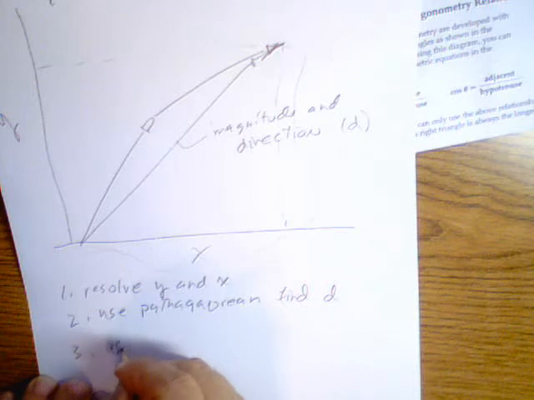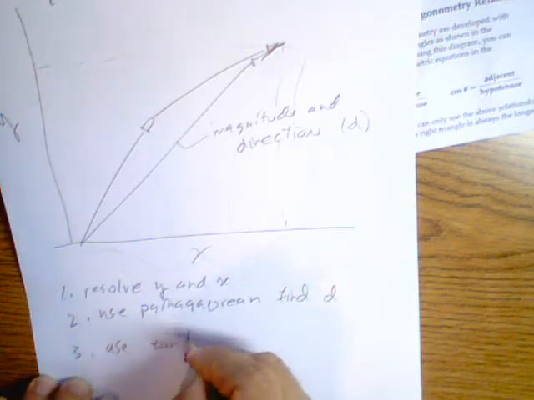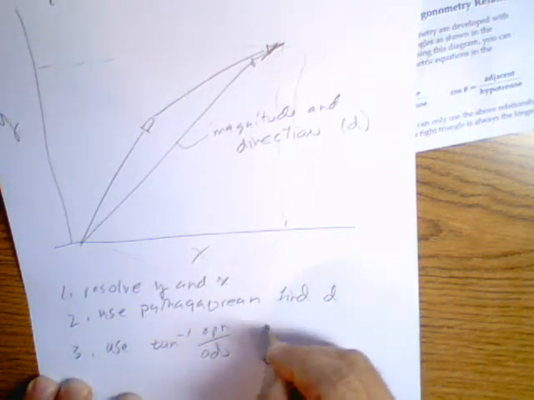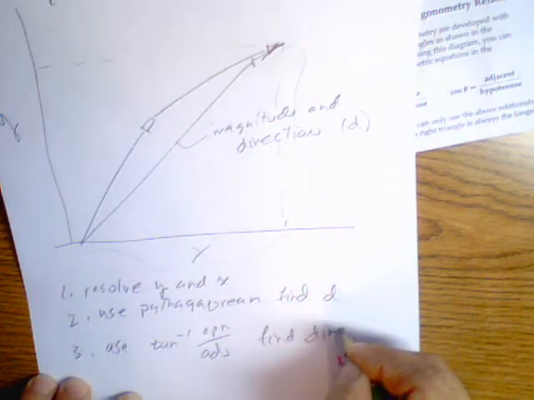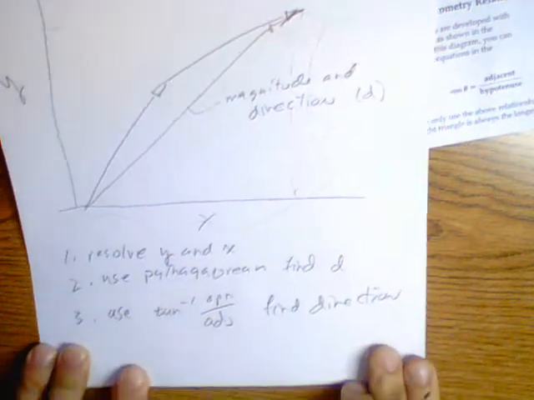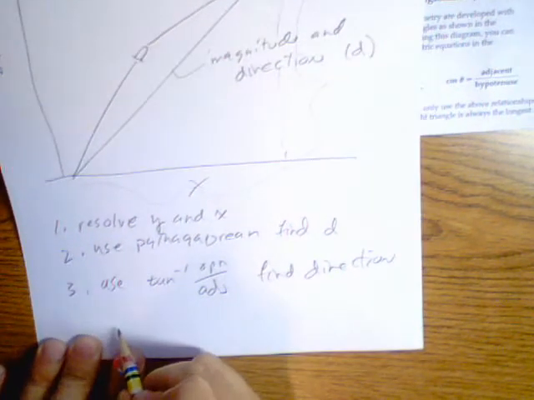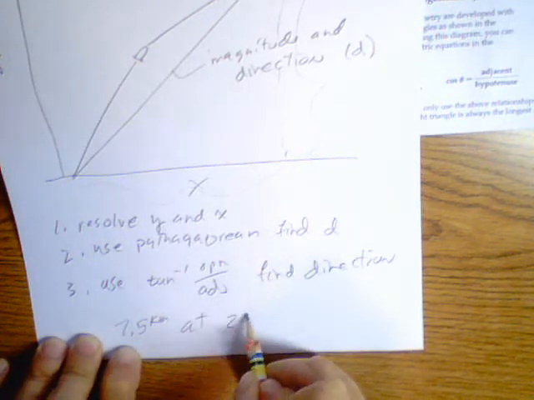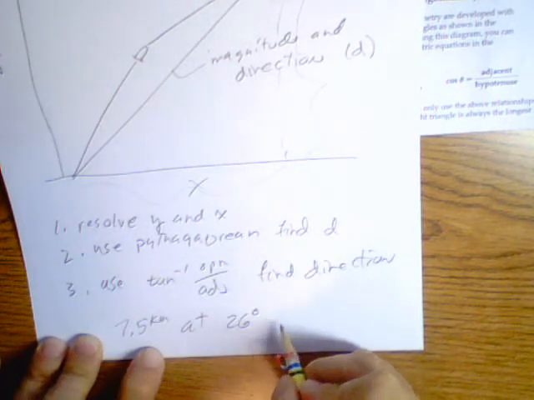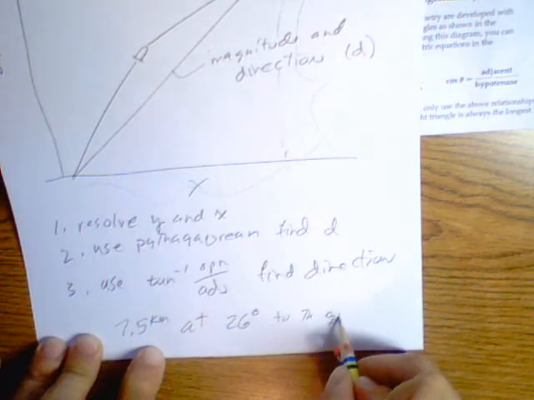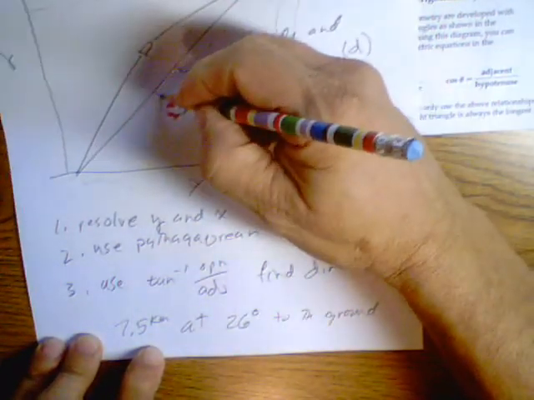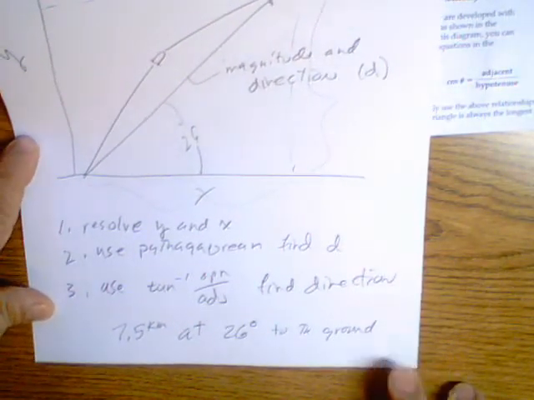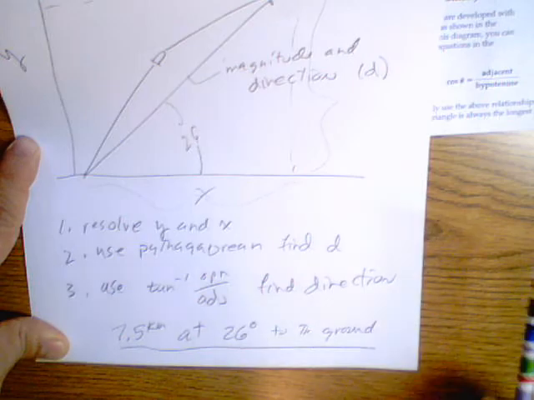And three, use the inverse of tangent to find direction. And your answer, I don't have time to work it out, your answer should be 7.5 kilometers at 26 degrees to the ground. That should be your answer when you work it out. And I'm out of time.